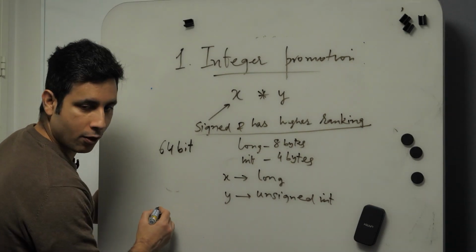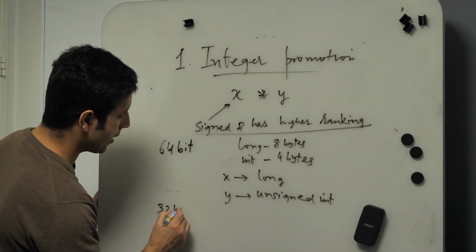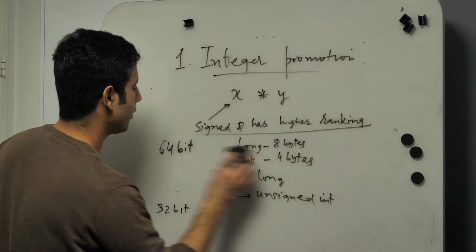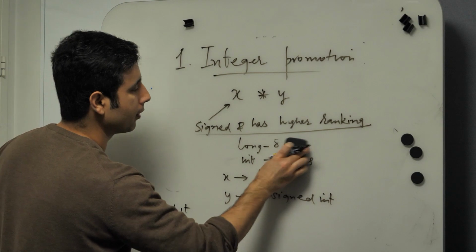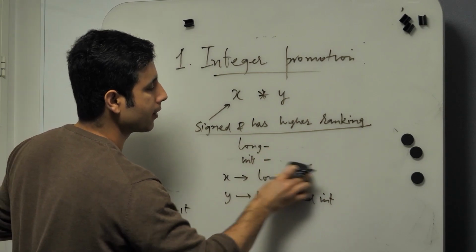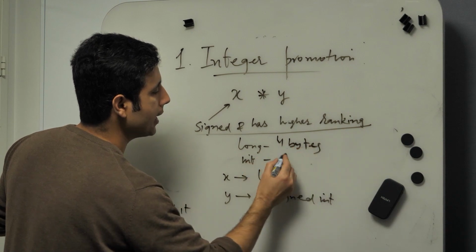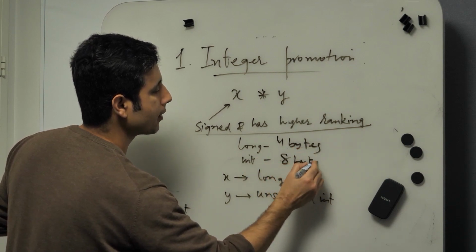But on a 32-bit system, long is 4 bytes, a typical system these days. Long is 4 bytes and integer is also 4 bytes, sorry, I was wrong earlier.